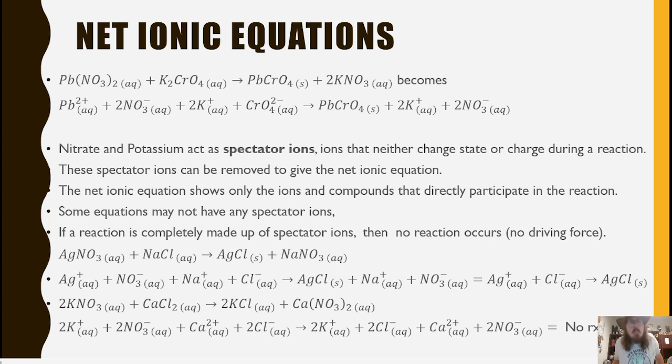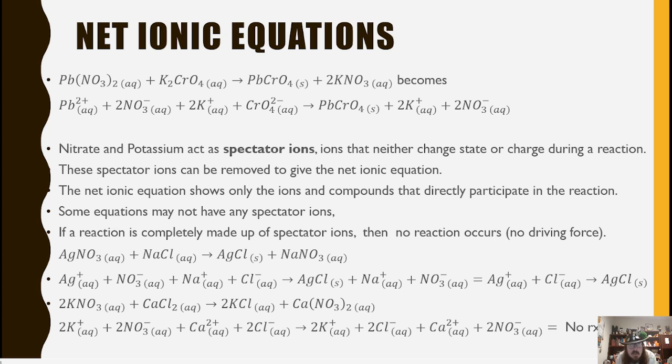Now, why would we bother to split them apart? That's because of what we see here. In this reaction, we have lead nitrate aqueous and potassium chromate aqueous goes to lead chromate solid and 2 potassium nitrate aqueous.